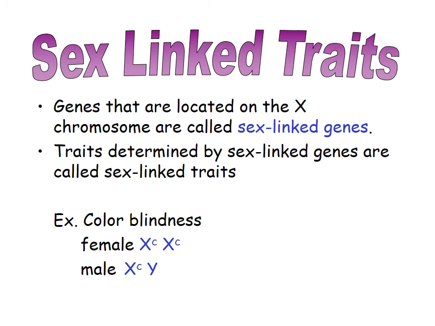If you are female and you're colorblind, since it is recessive, you have 2 X copies of that gene, both with a small letter c in the top right. And if you're a male, since you only have 1 X chromosome, you only need 1 bad copy of that. So notice, for sex-linked traits, females need 2 recessive copies for the trait to occur, while males only need 1 bad copy, because they do not have another X copy to fix the bad copy.